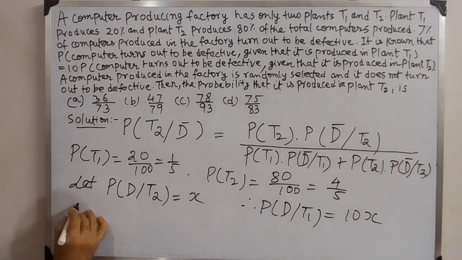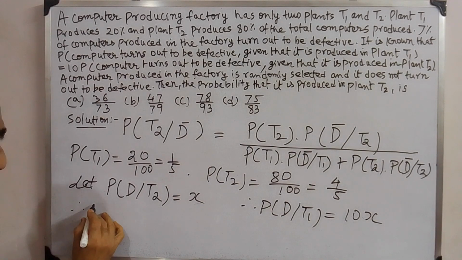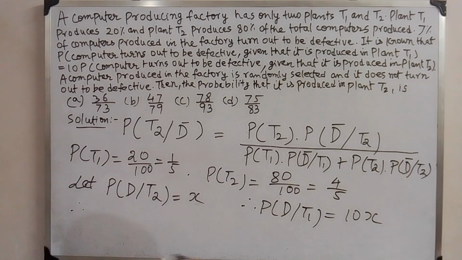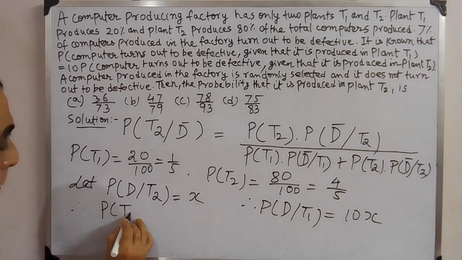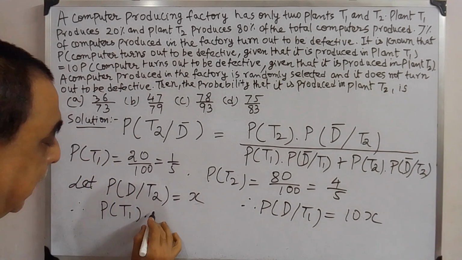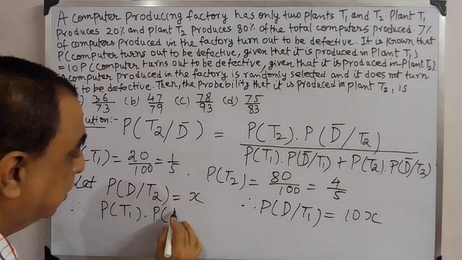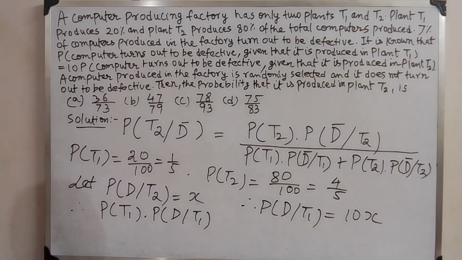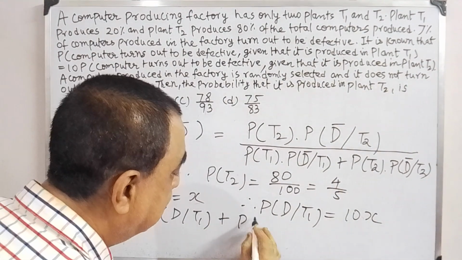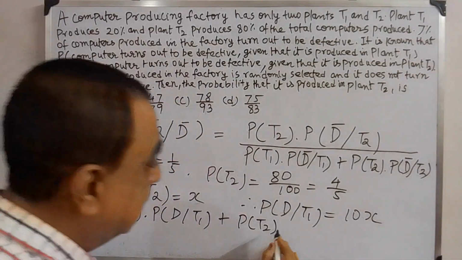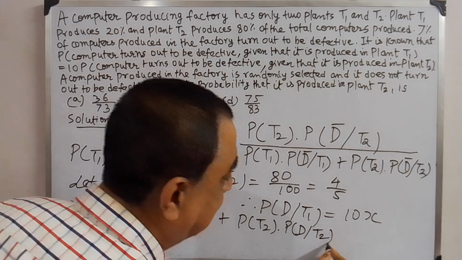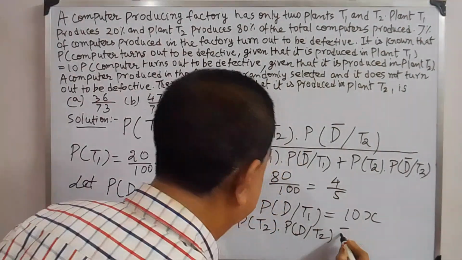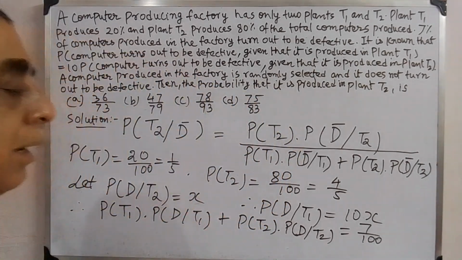Now, what will be the percentage of defective computers? Therefore, the probability of the computers produced in T1 multiplied with the probability of the computer being defective, provided that it is produced in T1, plus the probability of the computer produced in T2 multiplied with the probability of the computer being defective, provided that it is produced in T2, will be 7%, that means 7 by 100.